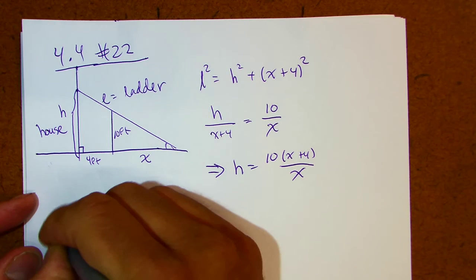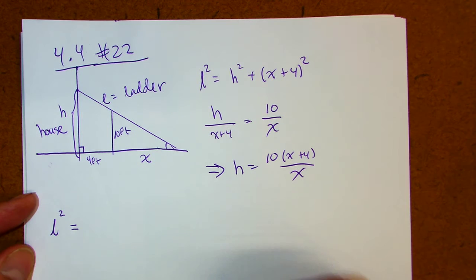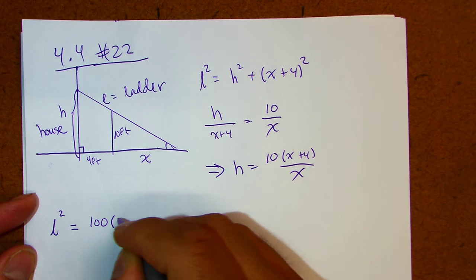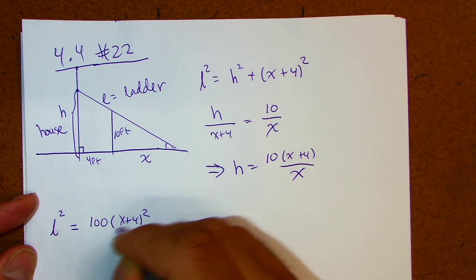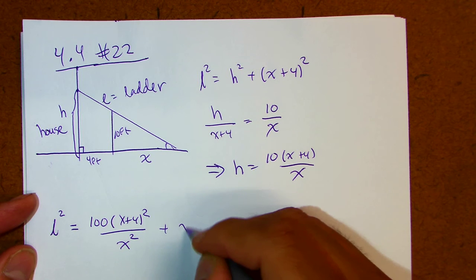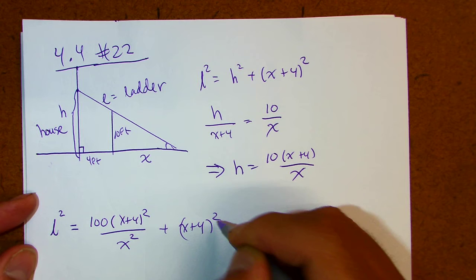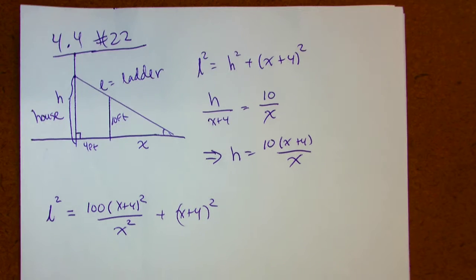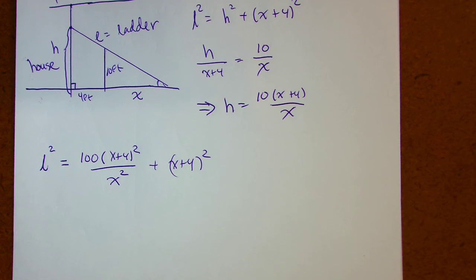Let's substitute in here L squared equals to... All right, and now we have our function here.